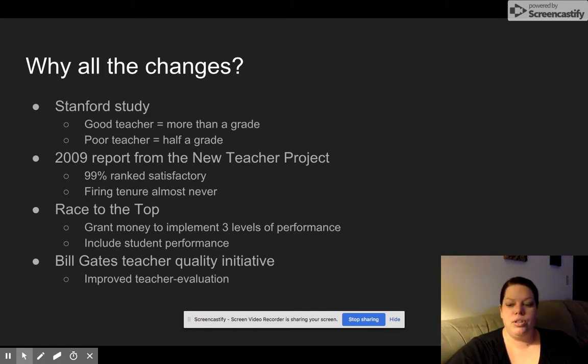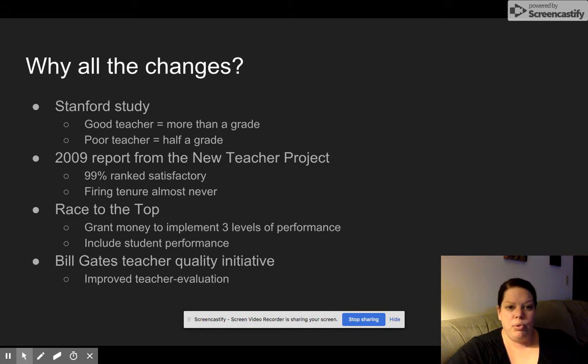So some of those factors we see in a Stanford study where they showed that a good teacher has students that have growth of more than a grade's worth, and poor teachers generally have about half a grade's worth of growth. So you can see a half a year versus a full year or more growth makes a difference.